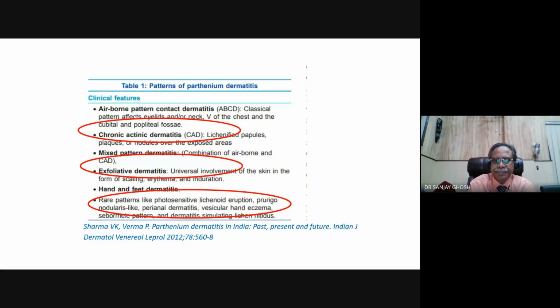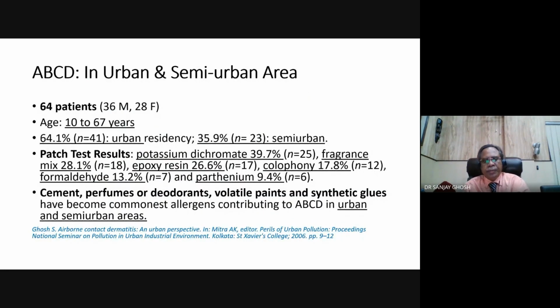So this is our study, which we published. There we got positivity with potassium dichromate, fragrance, cement, perfume, volatile paint, synthetic glues. You have to keep this in mind while dealing with a case of airborne contact in our urban or semi-urban setup.